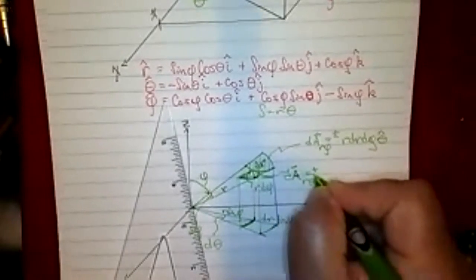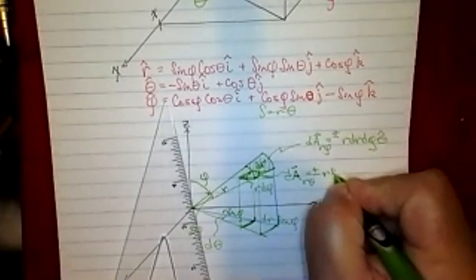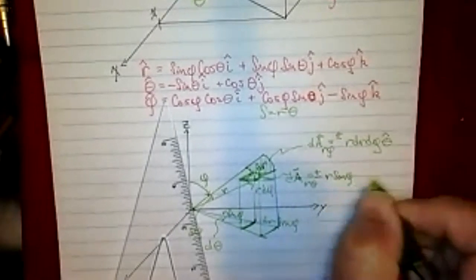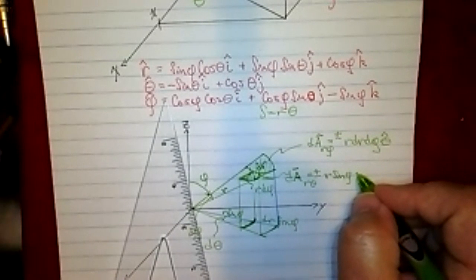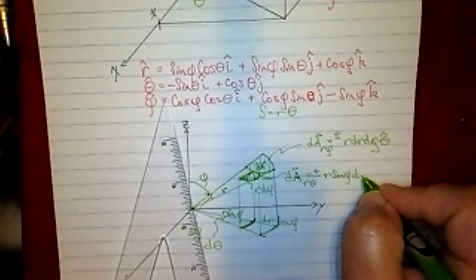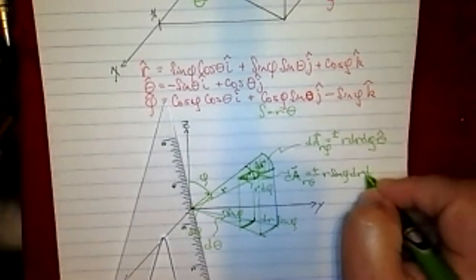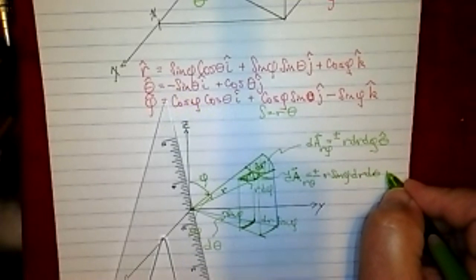It's going to equal, again, plus or minus, r sine phi times dr, and then times d theta. And that's all pointing in, of course, now you can see it's going to be perpendicular, so that's actually in the phi hat direction.